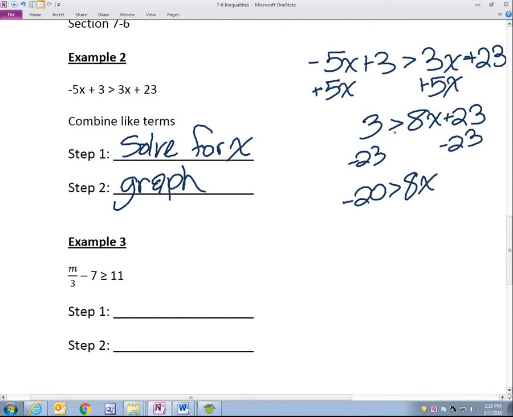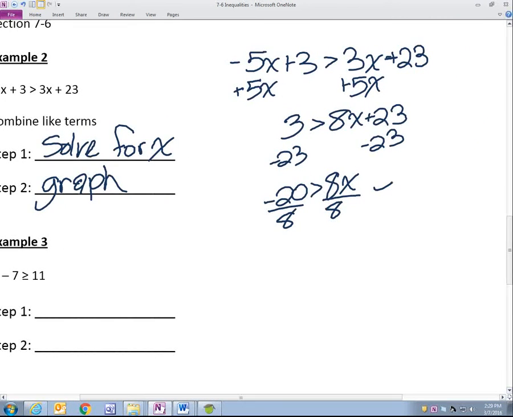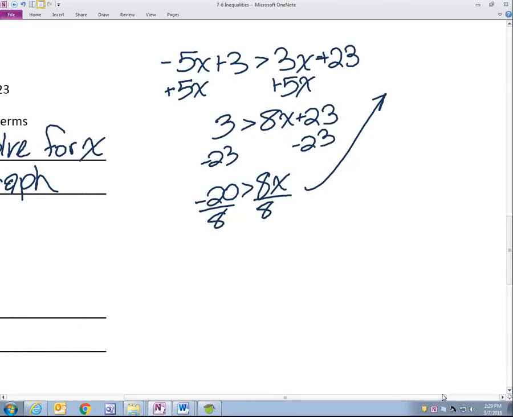I was subtracting or adding. So now I have negative 20 is greater than 8x. I have to divide by 8, and that comes out to negative 2.5 is greater than x.